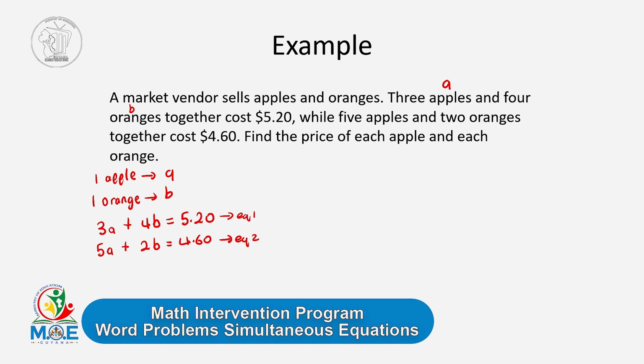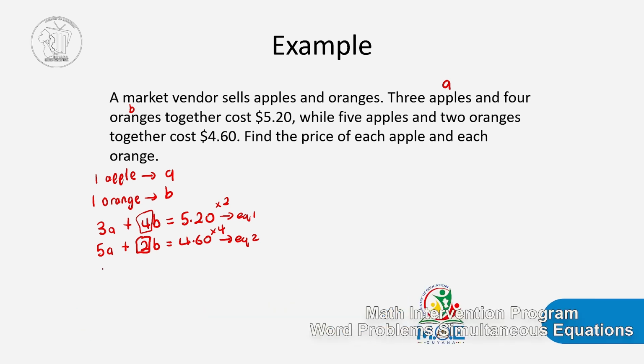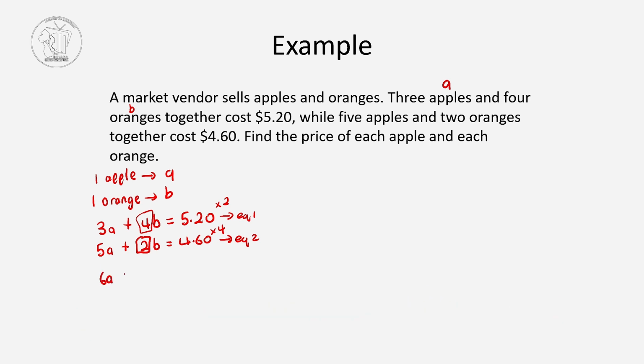So we don't see the variables being the same, so let's get rid of this one for a change. Let's multiply the entire top equation by the 2, which is this 2, and the entire bottom equation by the 4, which is this 4. So 3A times 2 will give us 6A, plus 4B times 2 will give us 8B, and that is equal to 5.20 times 2, that will give us 10.40.